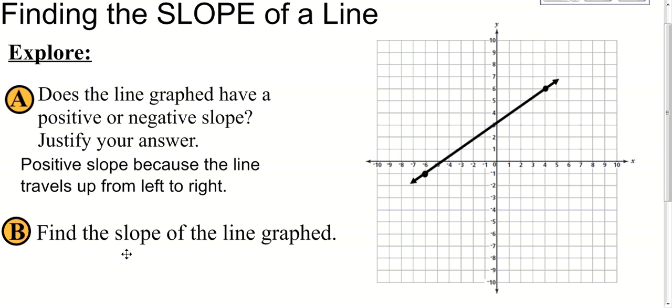Now it says find the slope of the line graphed. So the first formula that you're going to use, and the only formula you're going to use for this, is rise over run. So when you use rise over run, you have to connect this point to this point, but you can't use this line. So think of it as like this is your house, and you're going to your friend's house.